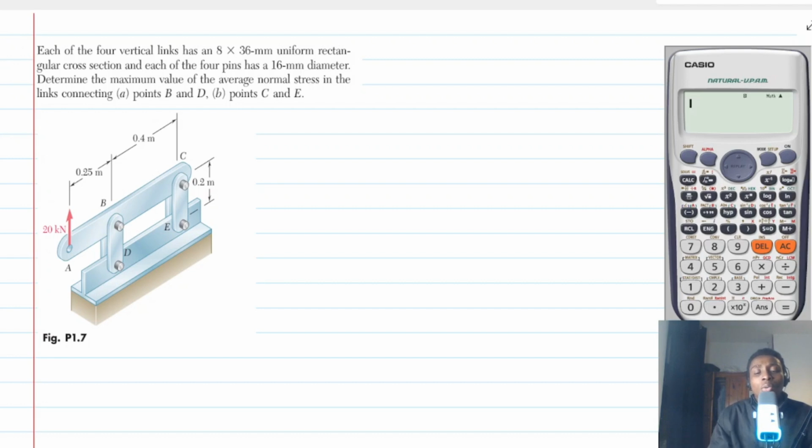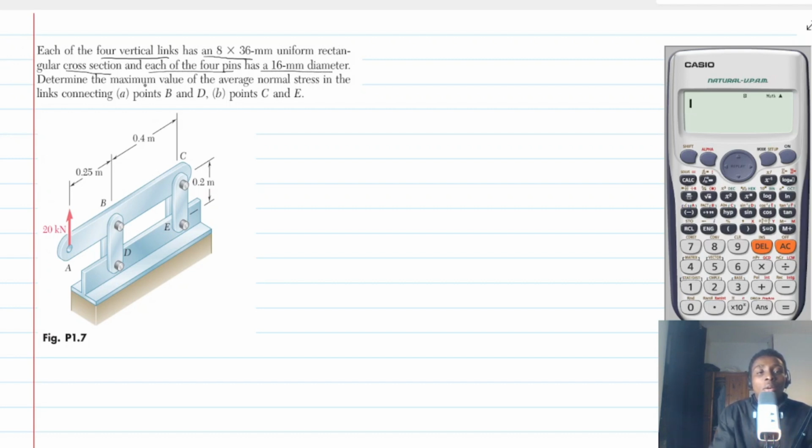All right, so in this video, I want to solve a question with you to illustrate the concept of stress. Okay, let's read the problem together and solve it. In this problem, each of the four vertical links has an 8 by 36 millimeter uniform rectangular cross section, and each of the four pins has a 16 mm diameter.